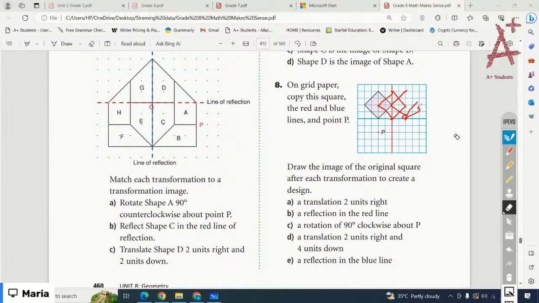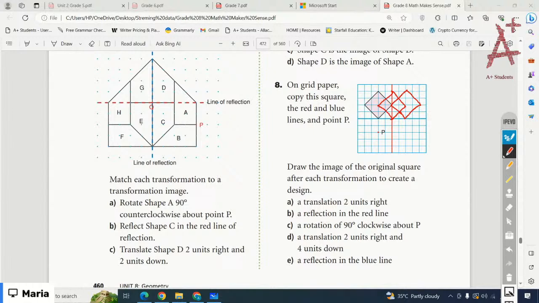That's why I'm not going to draw them on the board, because it's very difficult to draw them. Even a straight line on the board is very difficult to draw. Okay, it would be from here to here, here to here, and here to here. That is the reflection along the red line, right?